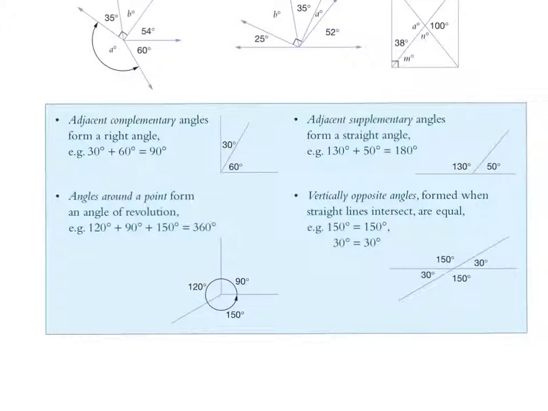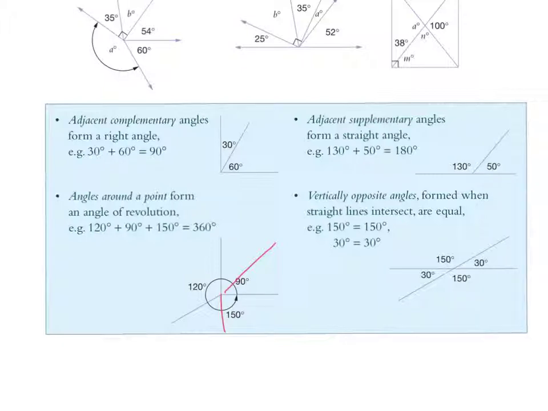It doesn't matter how many angles I had in there. If I had another angle here and another angle there, the whole thing would always add up to 360. That's a revolution, isn't it? This arrow here is showing us that there is a revolution, and you know that revolutions always add up to 360.